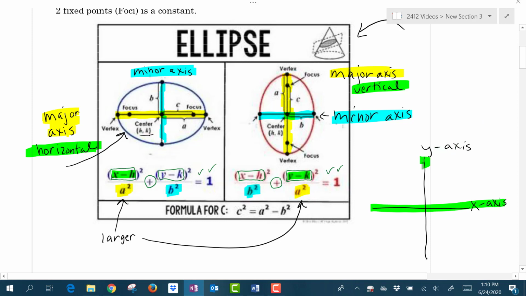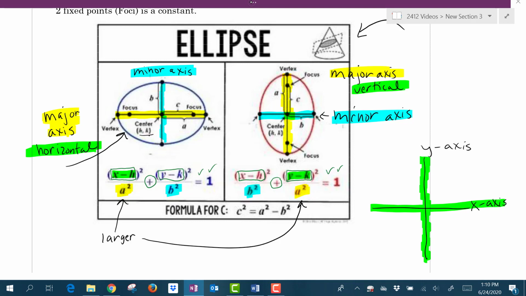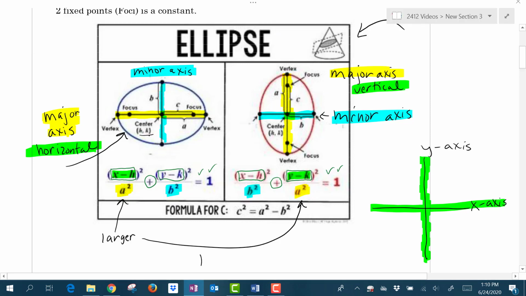Well, think about this. The y-axis is itself vertical. Sometimes we say parallel. Let's talk about that. It means goes in the same direction, right? Has the same slope. If the major axis is horizontal, sometimes we will say parallel to the x-axis.